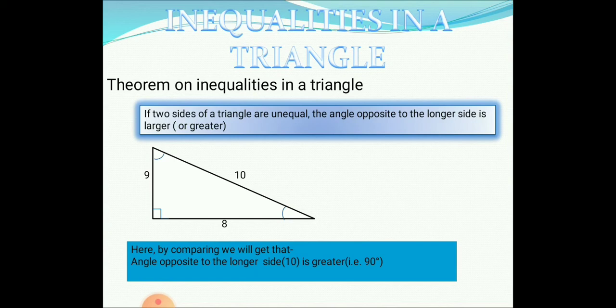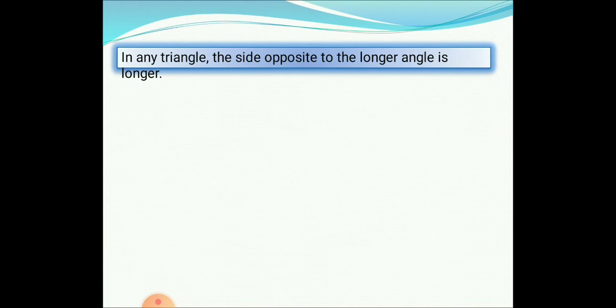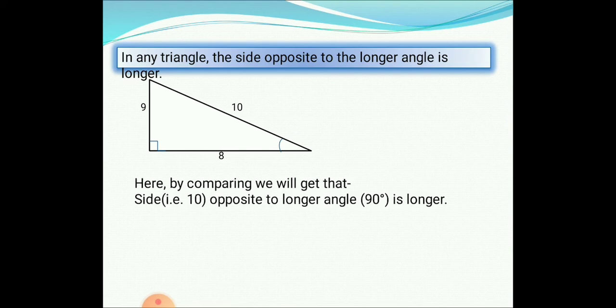Here by comparing we will get that the angle opposite to the longer side is greater. In any triangle, the side opposite to the larger angle is longer. See in the figure. Now comparing, we will get that the side opposite to the larger angle is longer.